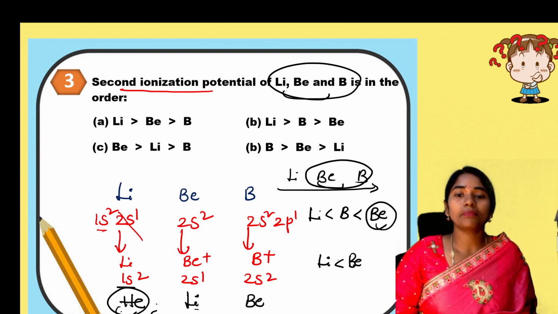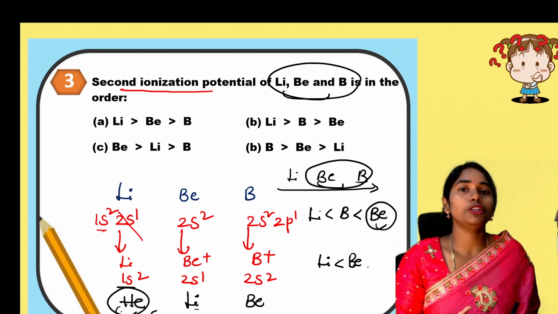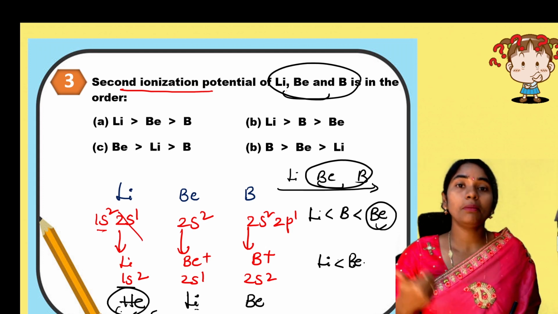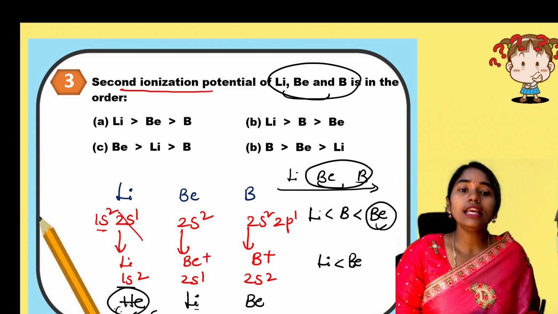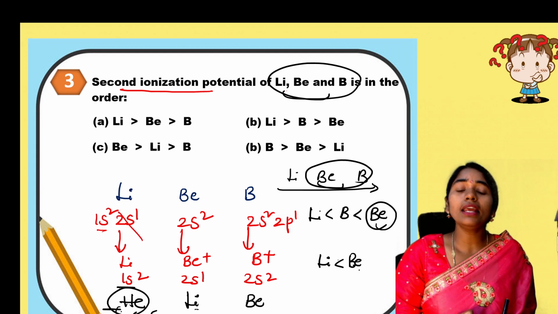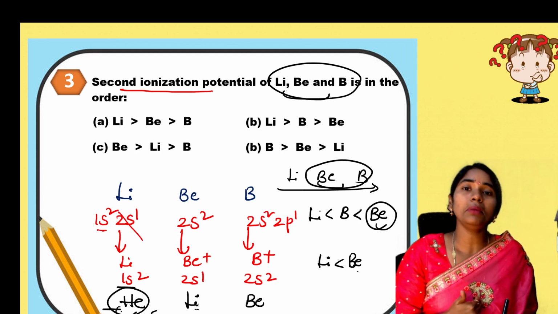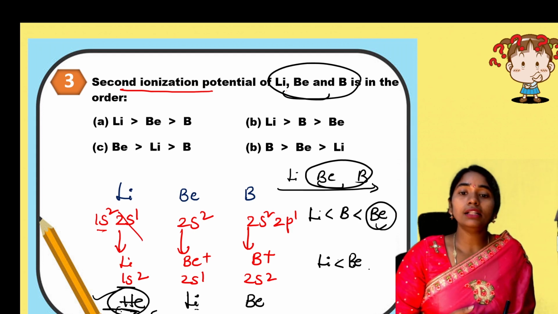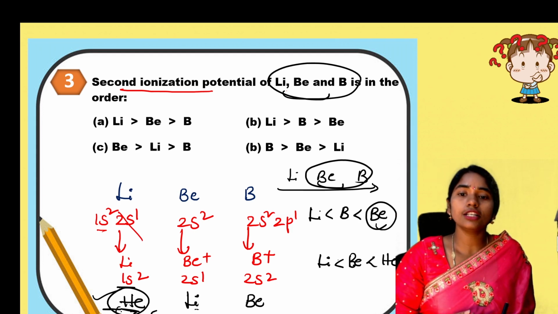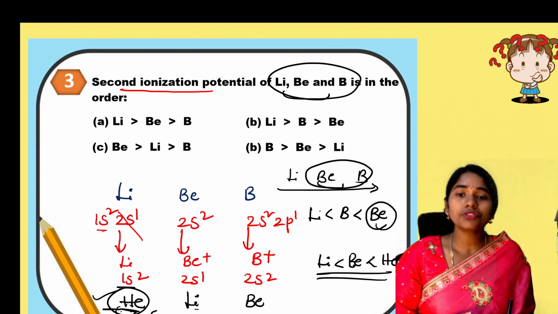Coming to helium and beryllium, we don't know which one, because in a previous video I did not teach you. Helium is a noble gas and beryllium is an alkaline earth metal. Helium is more stable, that's why its ionization energy is more. So this is the correct trend.